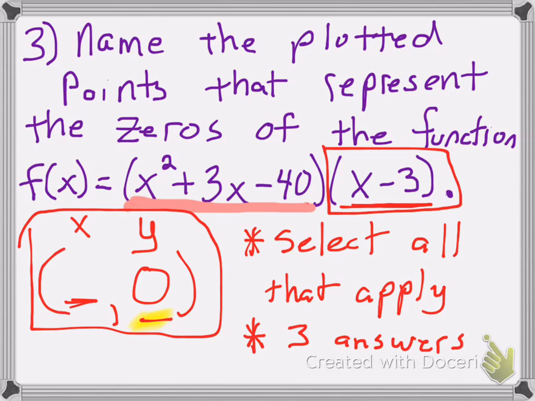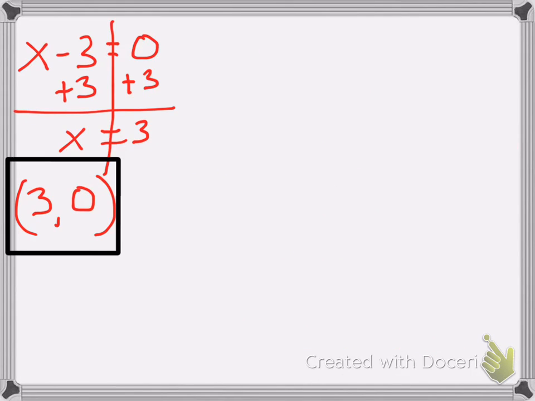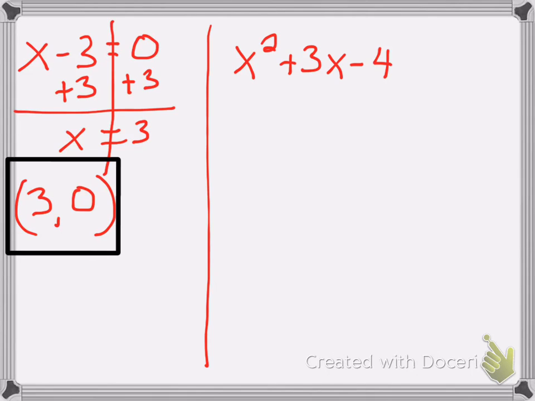Now if you recall what I've taught you, x squared plus 3x minus 40. What do we want to do? We want to set that equal to 0. And what do we want in front of the x squared?